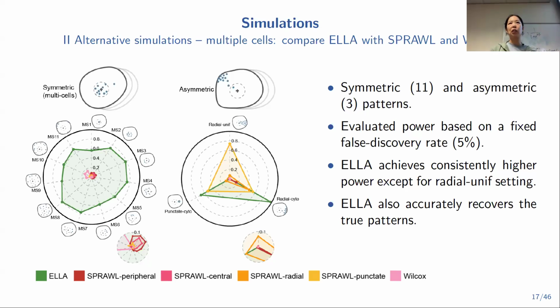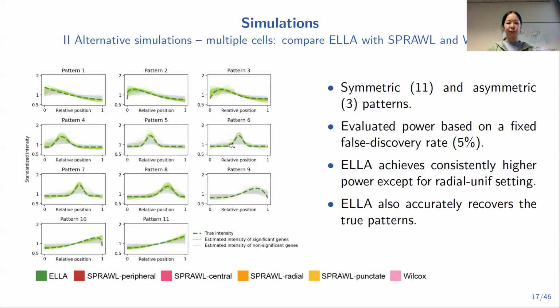So this is a limitation of our method. We cannot detect this type of pattern just because we are 1D right now. But this pattern is actually not very commonly observed in the real world. So that's another set of simulations. We have great power and outperform the competing methods, except for one case because we are 1D.